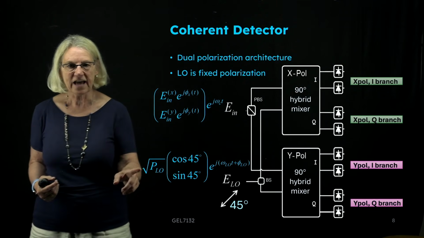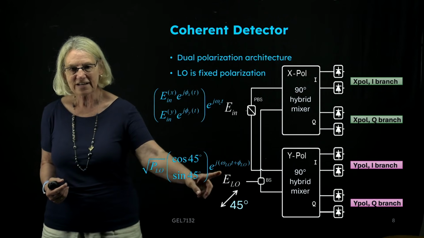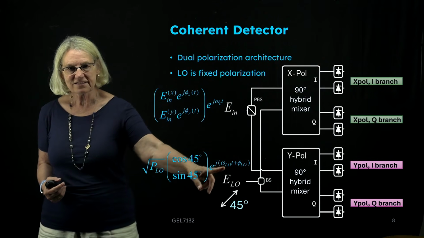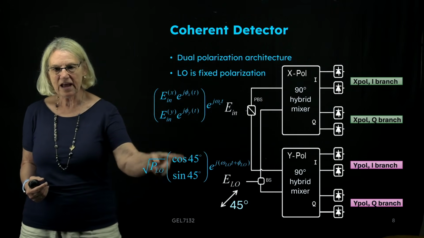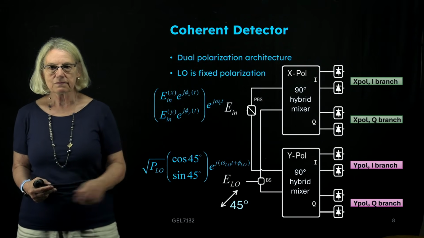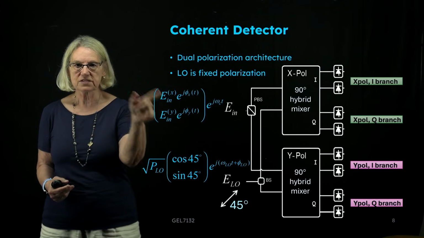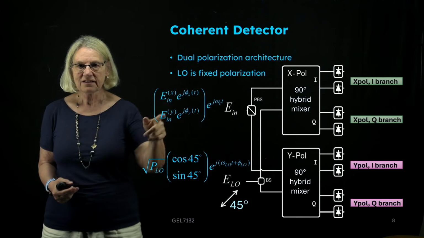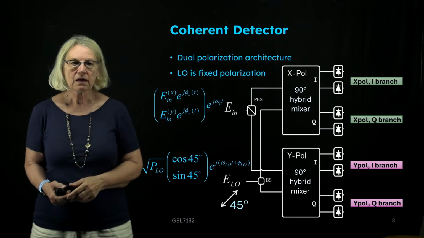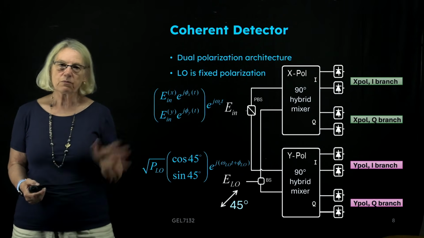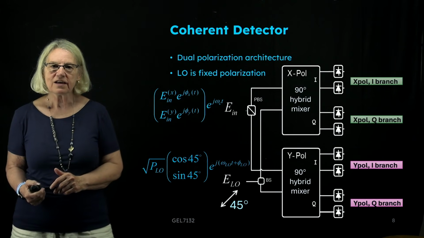So if we looked at an analytical representation of the local oscillator, we would have its center wavelength, its phase noise, and then this 45-degree rotation between the two polarizations. Of course, this is our representation for the data, that there's some data on X and there's some data on Y. So what happens when we go into this coherent detector with these two different inputs?